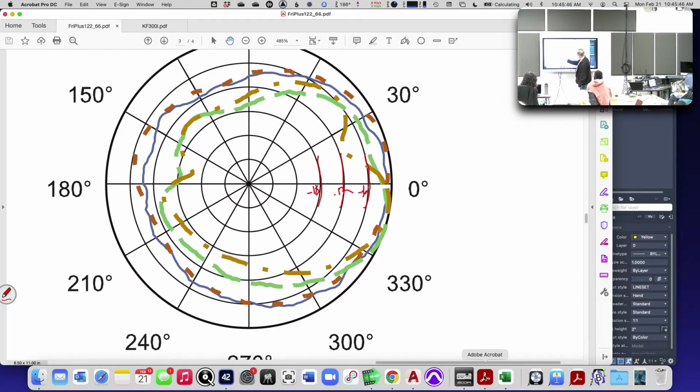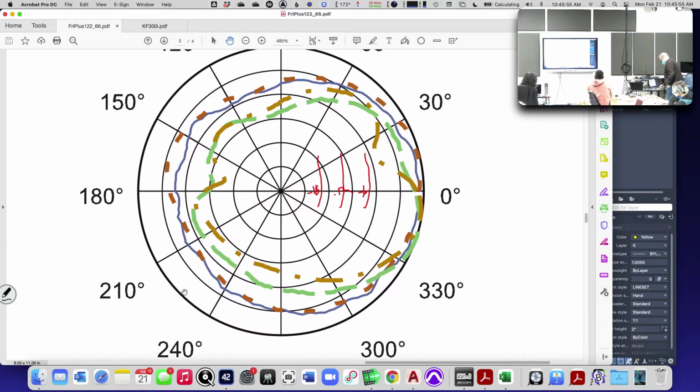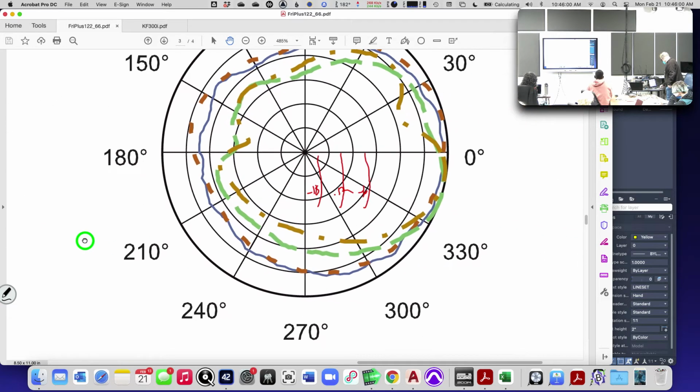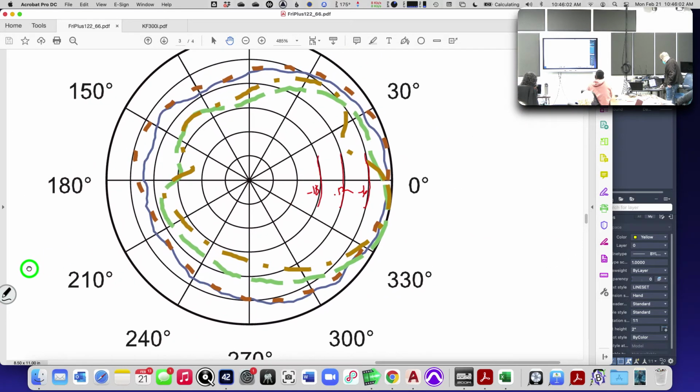So we know we're looking at this orange dashed line, because I said we're talking about 1 kilohertz, and there's a key here that says 1 kilohertz is the orange dashed line.